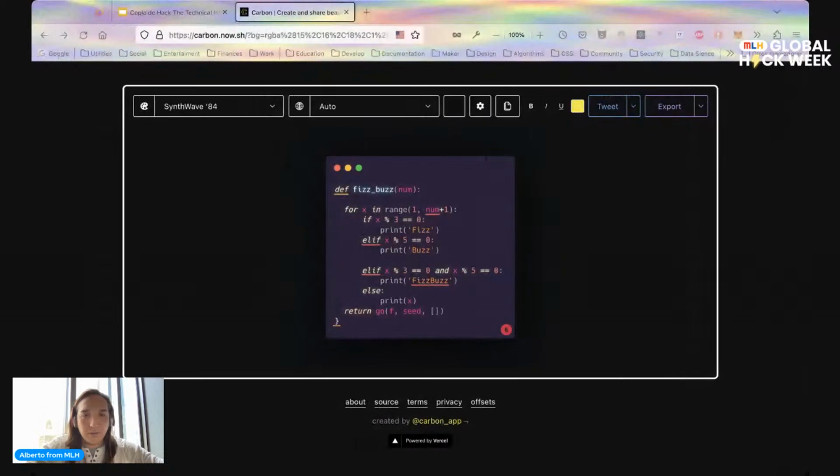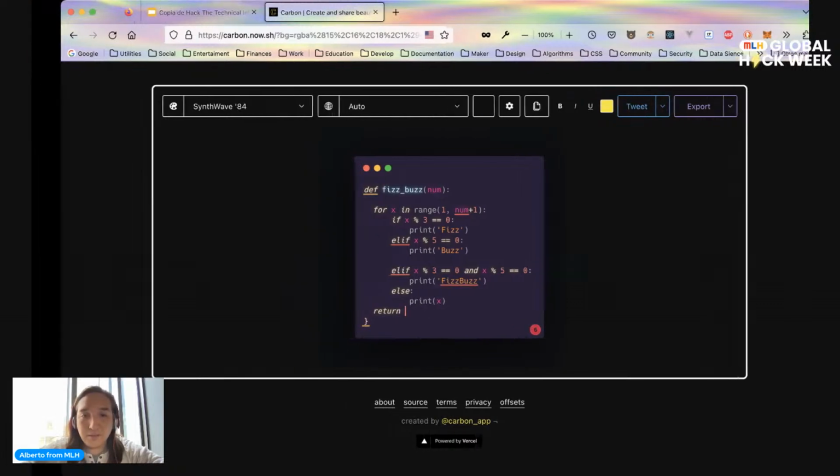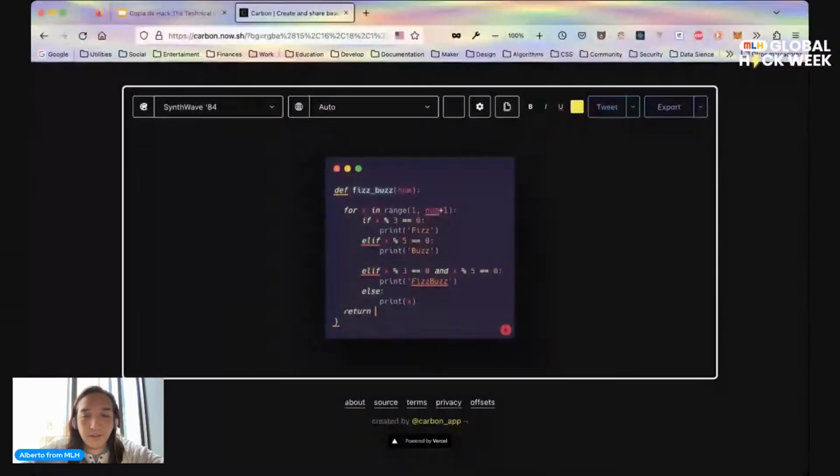Let me try to... I can just take this out and it will return nothing.